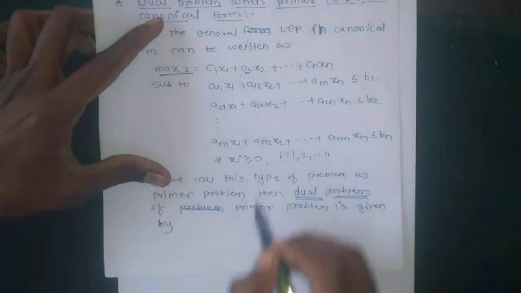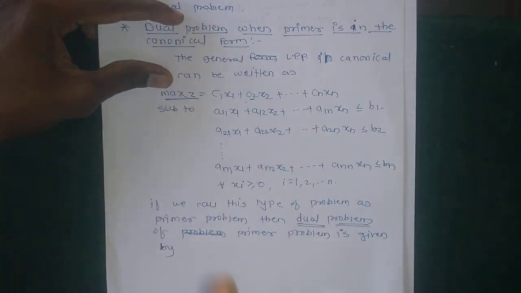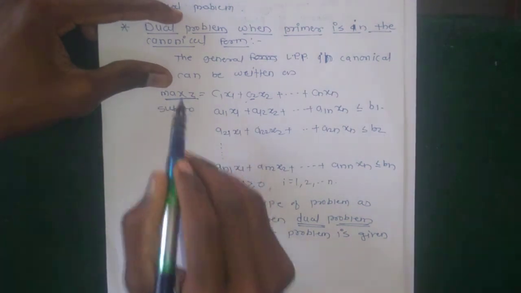In this way, if the primal function is maximized type, the dual function must be minimized type.